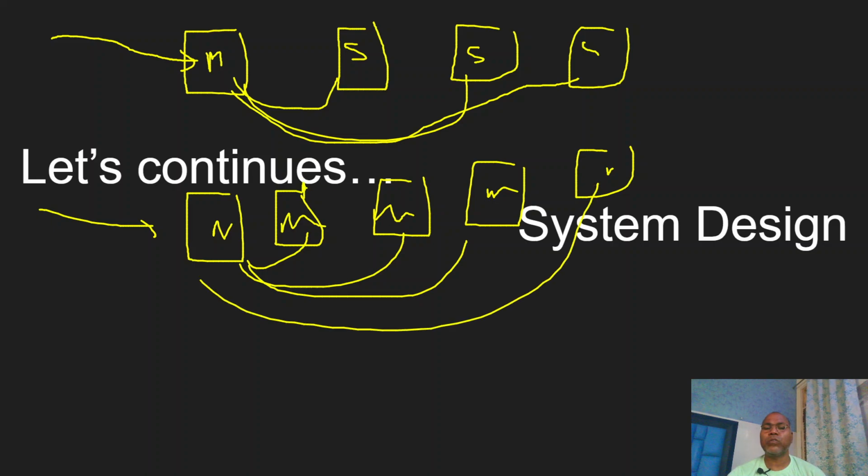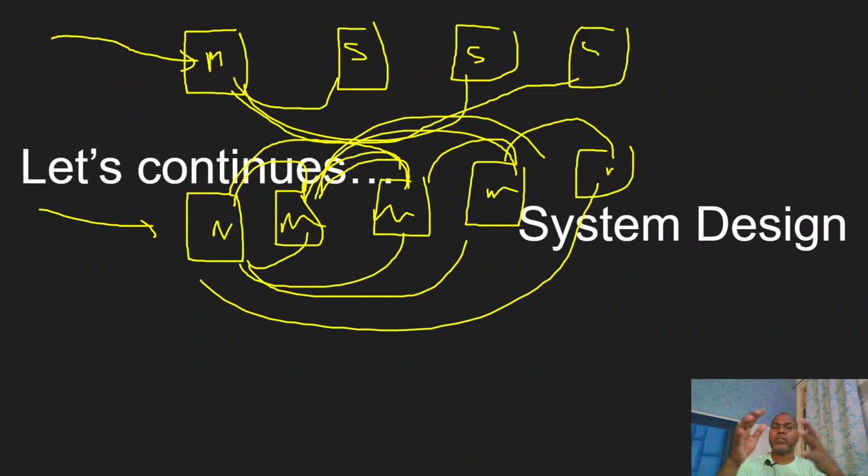Similarly, this master knows I have to replicate data to this master. Similarly, this one also replicates here, here, here, and here. So in this case, each database is a multi-master database.